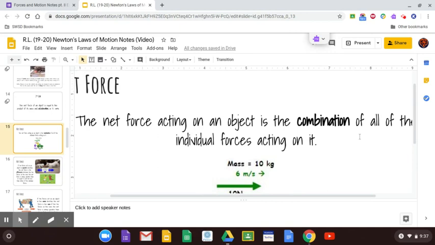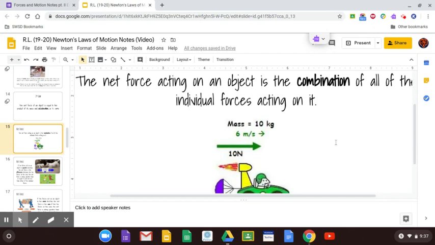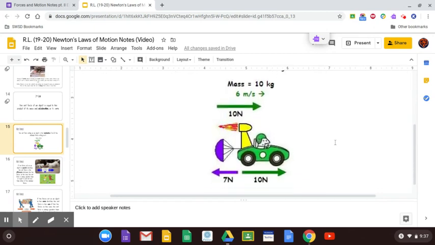All right, so the net force acting on an object is a combination. To get the combination, we have 10 newtons, 7 newtons, 10 newtons. So basically what we would do is the following. We would do 10 plus 10, that would be 20.